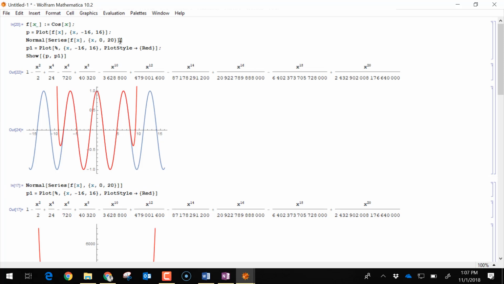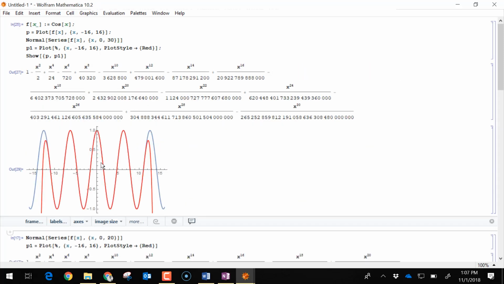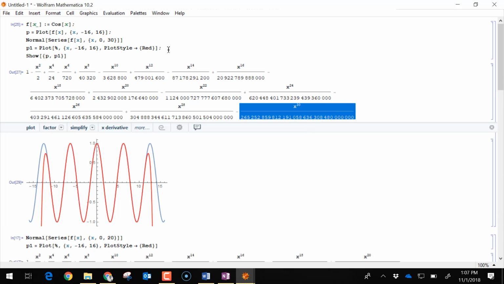So if we change the n to, for 20, 40, let's go 30. So it spreads out a little bit more, right? You got 30 factorial down here. Look at that. It's a big number.